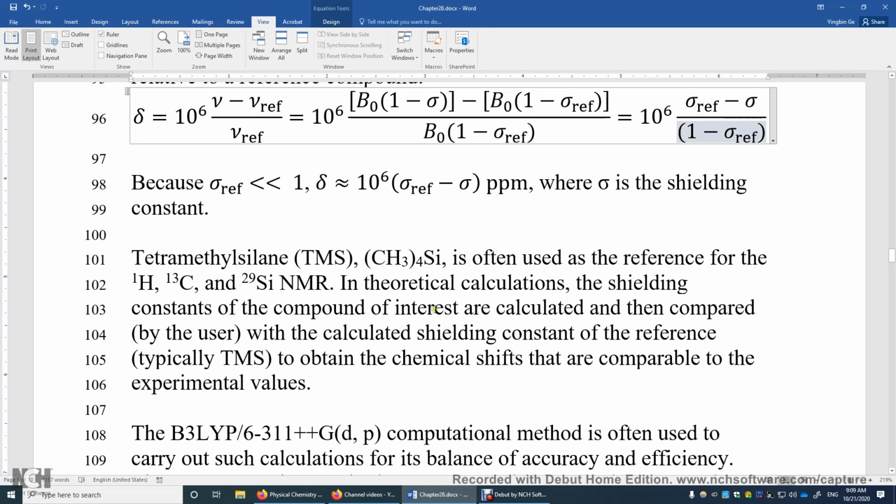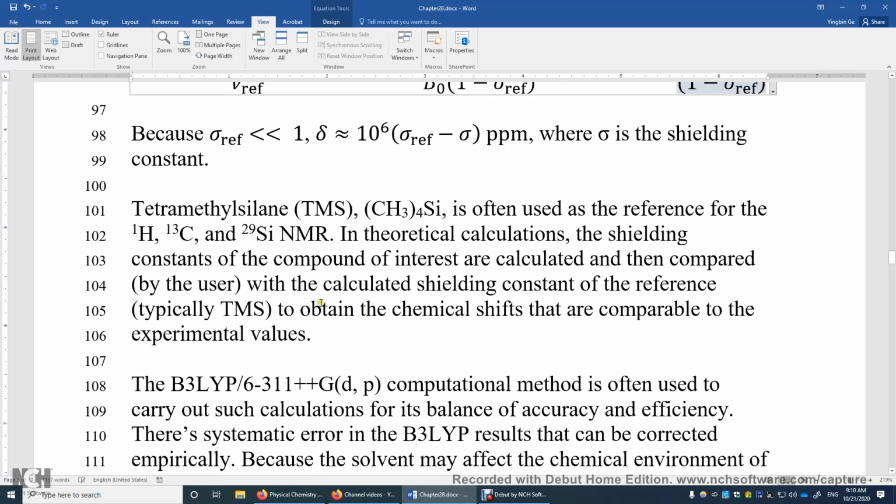It's pretty simple. We often use this B3LYP method and this basis set. This is a fairly large basis set, the 6-311+G(d,p) basis set, for the calculation of organic molecules.